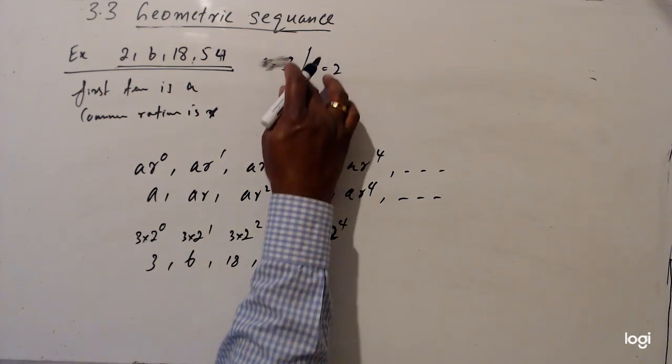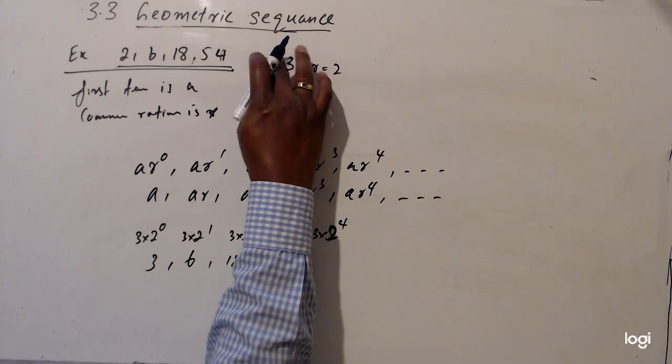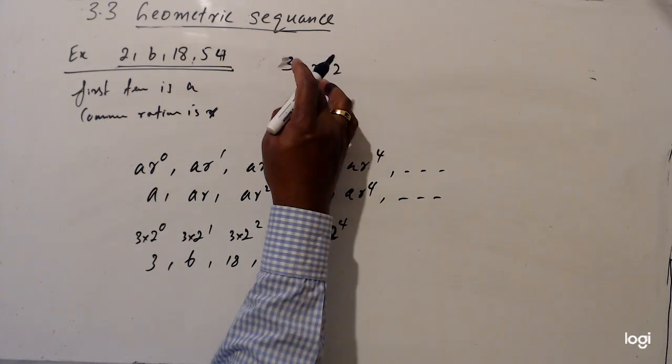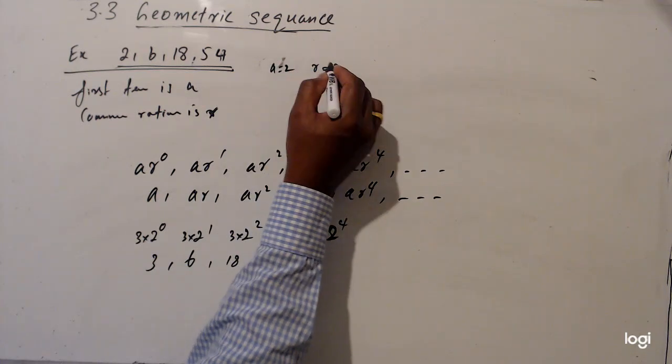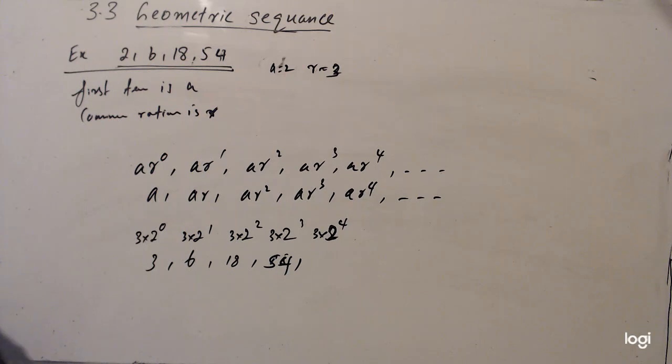I think I did this erroneously, because A is 2 and R is 3, so then this is wrong.